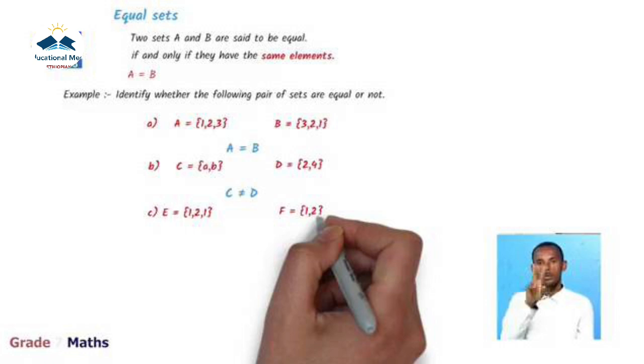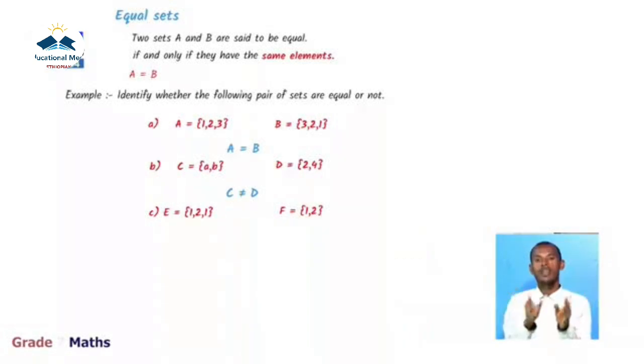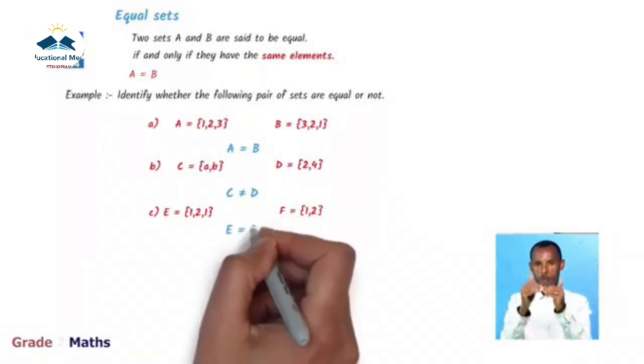It contains only 2 elements. And set F also contains 1 and 2. So these two sets have exactly the same elements. Therefore, set E is equal with set F.